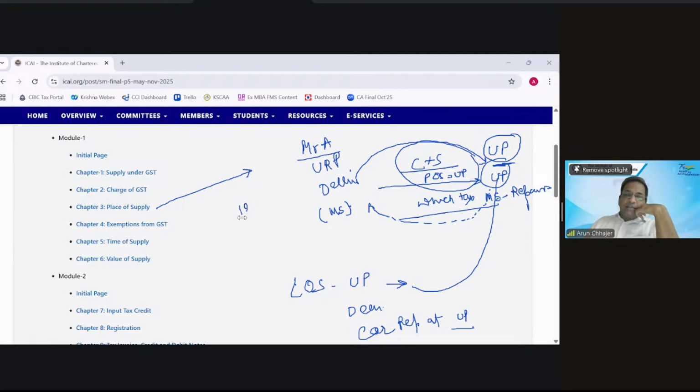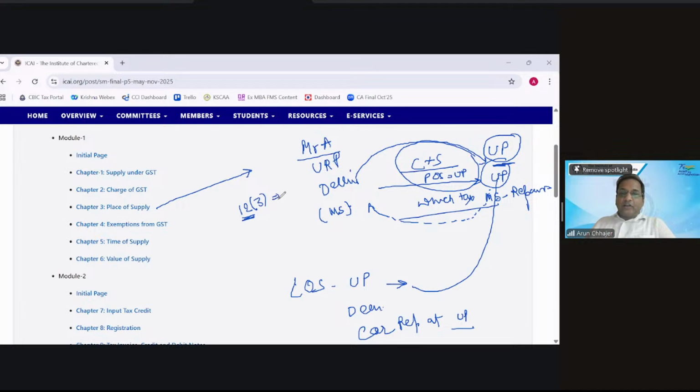Can you please tell me in which section or subsection it is written? You all are saying that because physical services are being rendered in UP, therefore the place of supply is UP. Now tell me which provision.